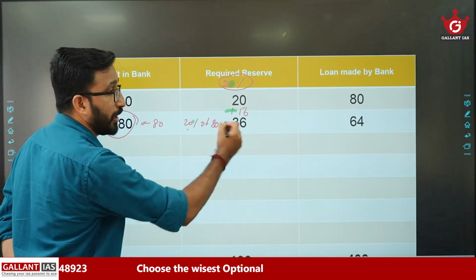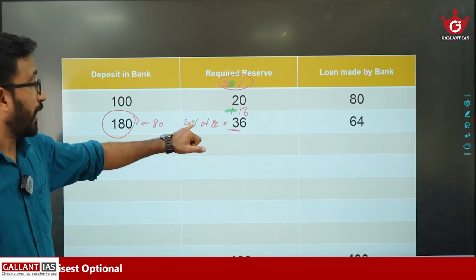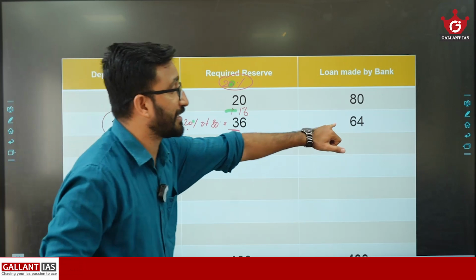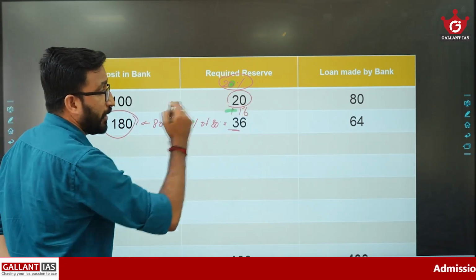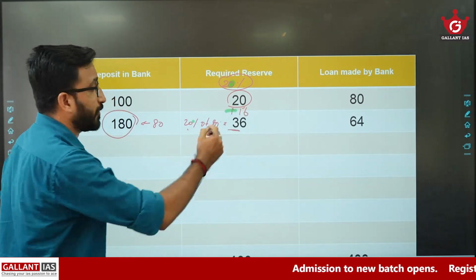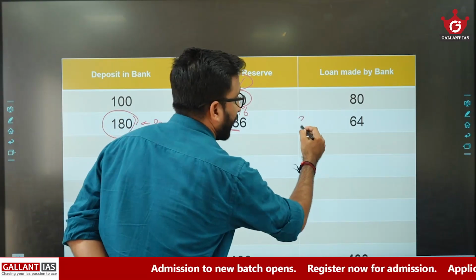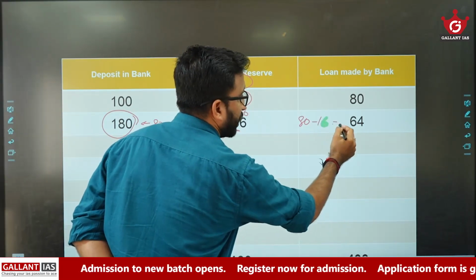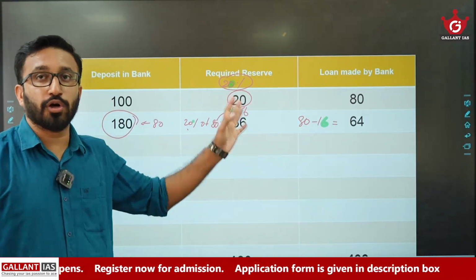We have kept aside 20% of the 80 rupees, that is 16 rupees, as reserve, and the balance is 64 rupees. We already have a reserve of 20. In order to make a reserve of 36, we should add 16 rupees from this 80 rupees. So this 64 is 80 minus 16. That is 64 rupees that can be loaned to another person.